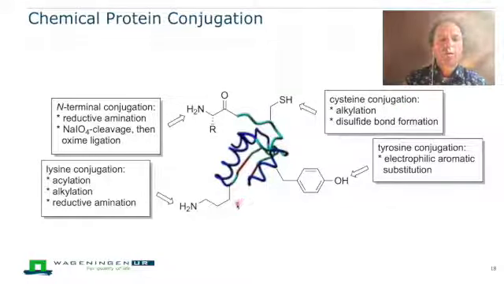Most prominently, these are the lysine side chain and the cysteine side chain, because cysteine is the only amino acid that has a free thiol, and lysine is the only amino acid that has a free amino group, both of which are functionalities that rapidly undergo chemical conjugation processes, like alkylation or disulfide formation for a free thiol, or acylation, alkylation or reductive amination for the lysine side chain. Besides, in some cases, the N-terminus of a protein can also be used for controlled modification, and there are examples for tyrosine modification.